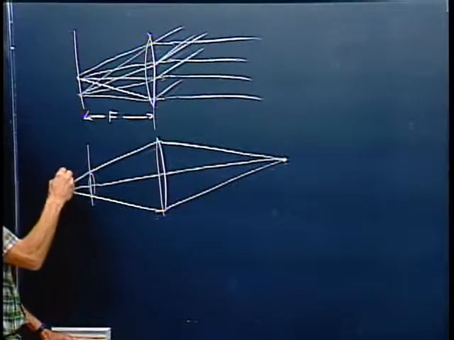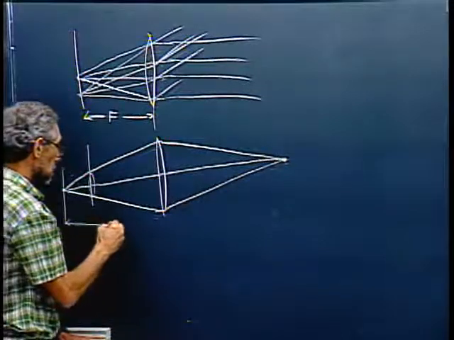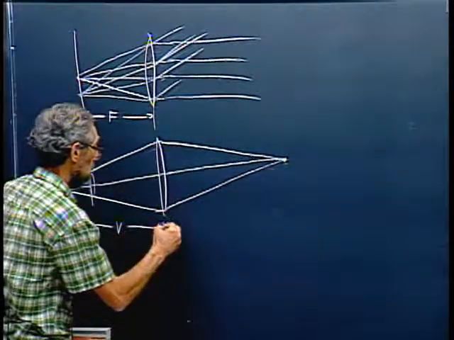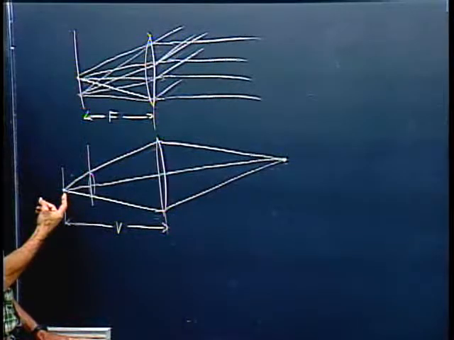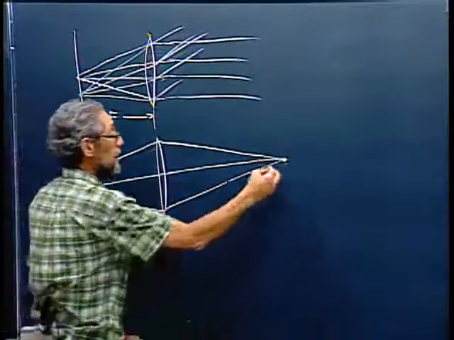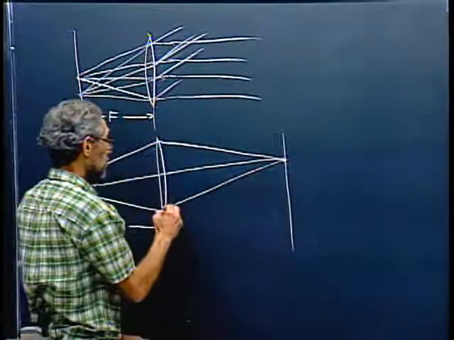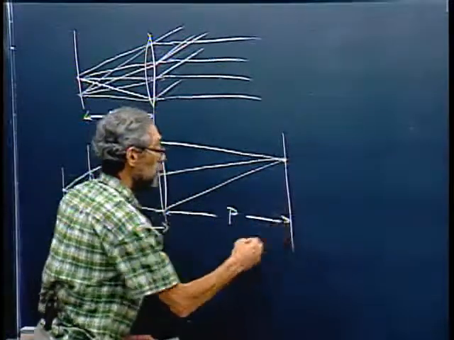So, but there is a distance, say, v, to, say, the film plane of the camera. If you move the lens farther away from the film plane, which is what you do when you focus the lens, you can make objects at this distance, which I'll call P, from the lens focus.